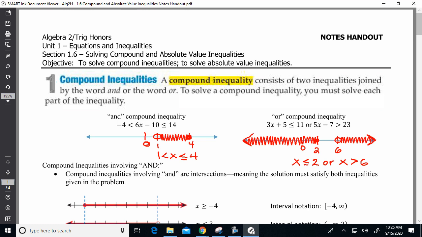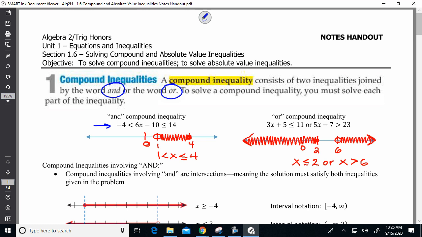So, compound inequalities are inequalities that contain the word "and" or "or". "And" inequalities have this type of format. It looks like a three-part problem with a left, a middle, and a right.